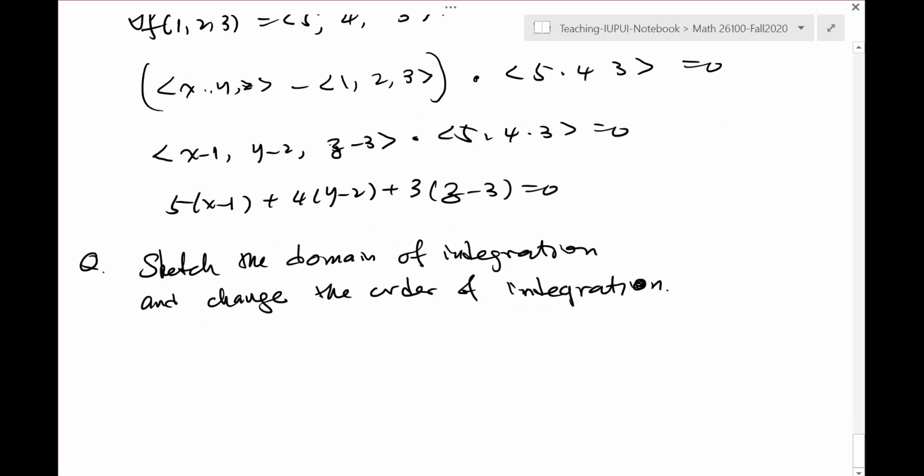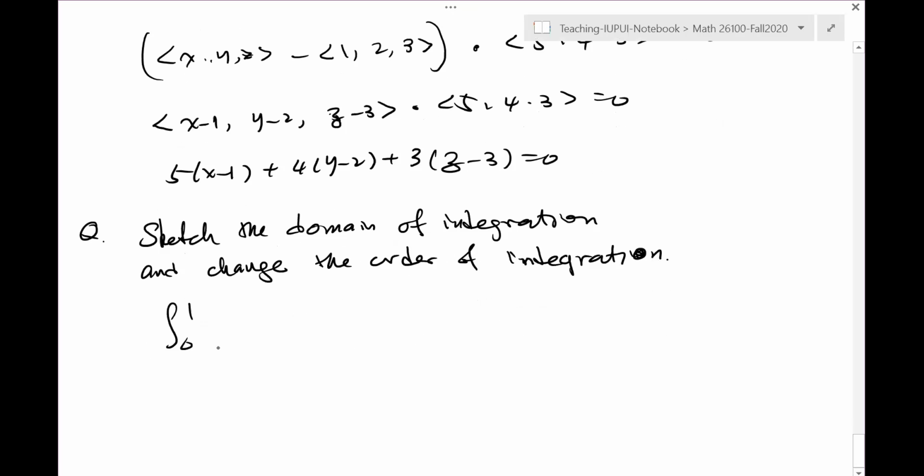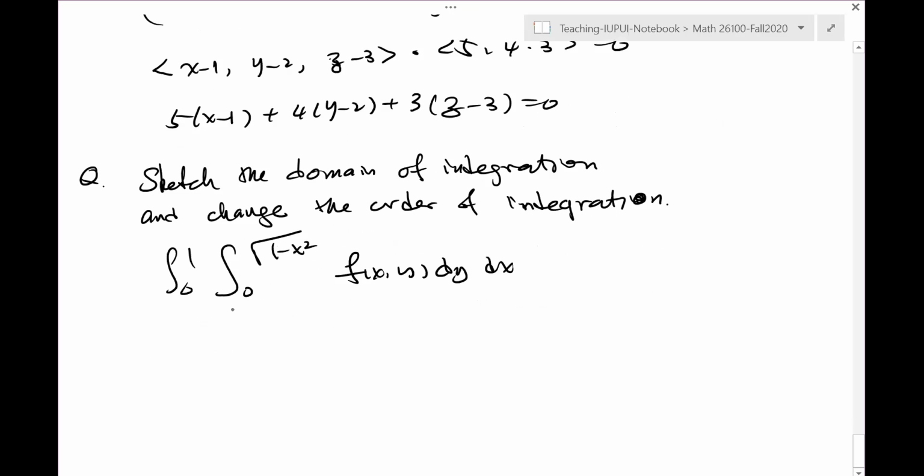Okay, so we have a... Now, what does that mean?